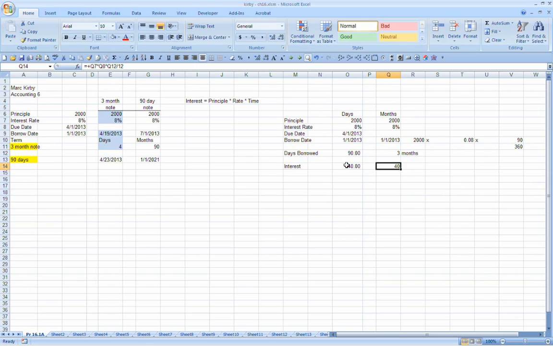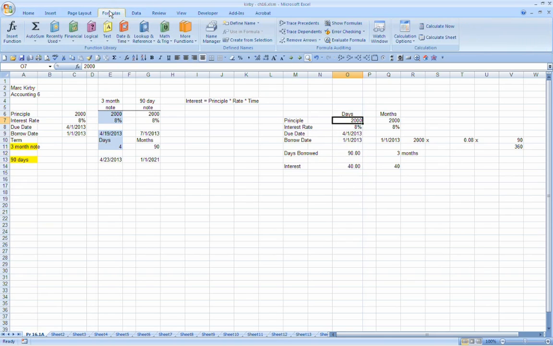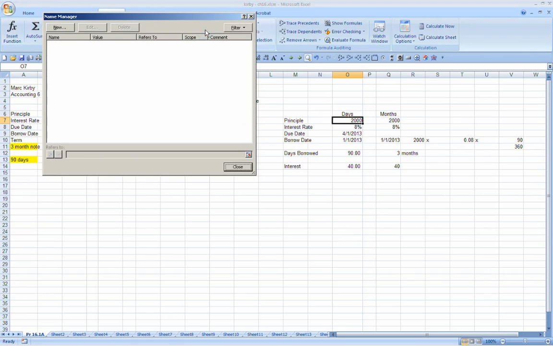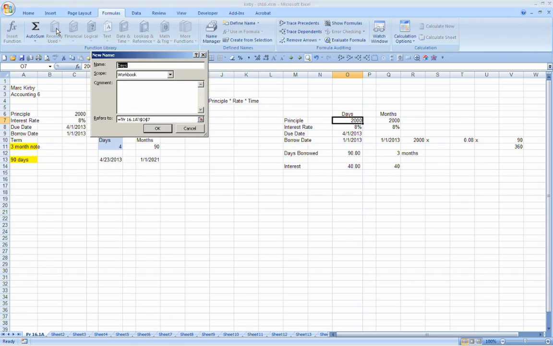Another thing you can do here, let's go back to chapter 14. Here's our formula. O7 plus O8 plus O12. Hit F2, it highlights all of them. Principal times interest rate times time divided by 360, right? We could do, you guys remember the name manager? We could go to formulas, name manager. I'm going to name the cell that we're in, principal.